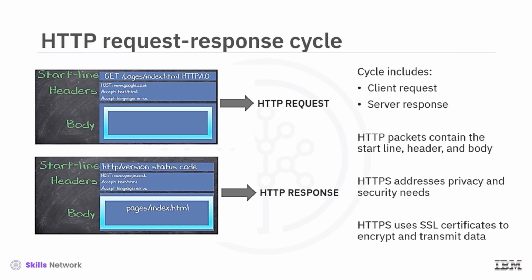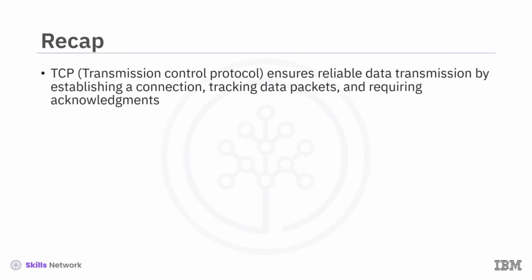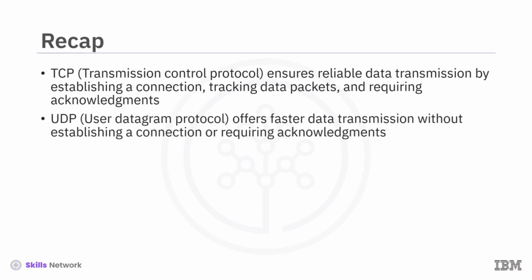In this video, you learned that TCP, Transmission Control Protocol, ensures reliable data transmission by establishing a connection, tracking data packets, and requiring acknowledgements. UDP, User Datagram Protocol, offers faster data transmission without establishing a connection or requiring acknowledgements.